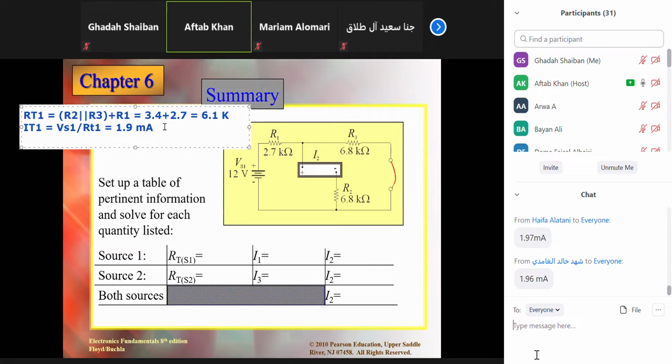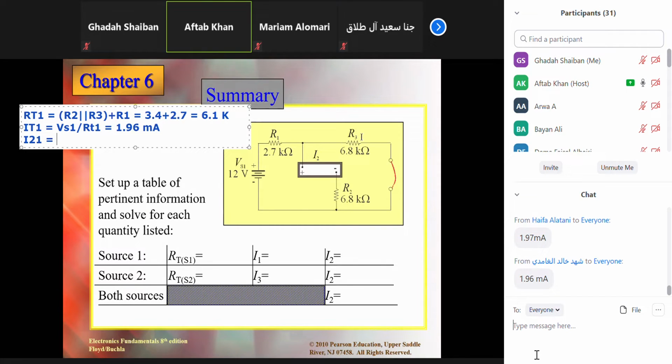So now we need to apply the current divider rule, and we need to calculate I21. And do you know one interesting fact? Okay, this is 6. You can see the total current flowing here will split into two parts.